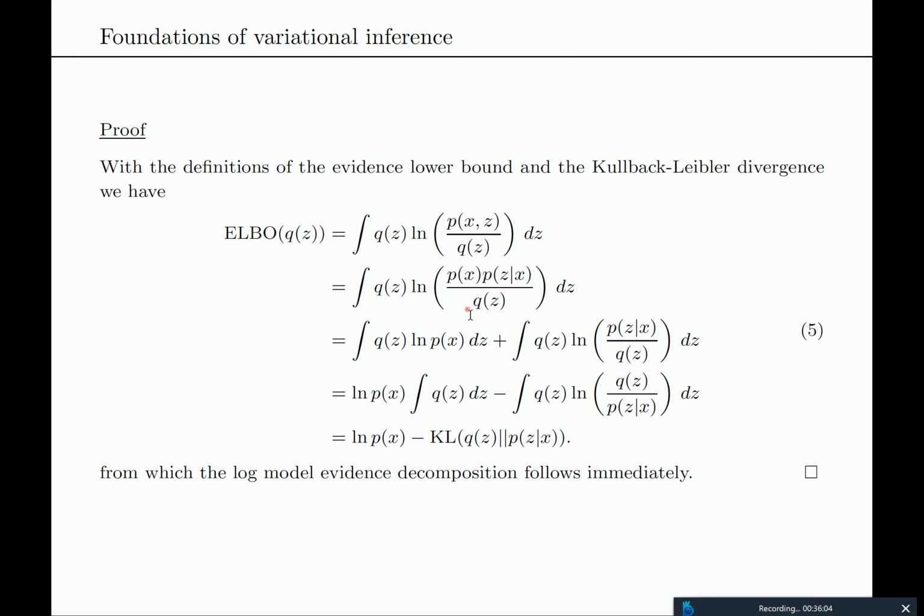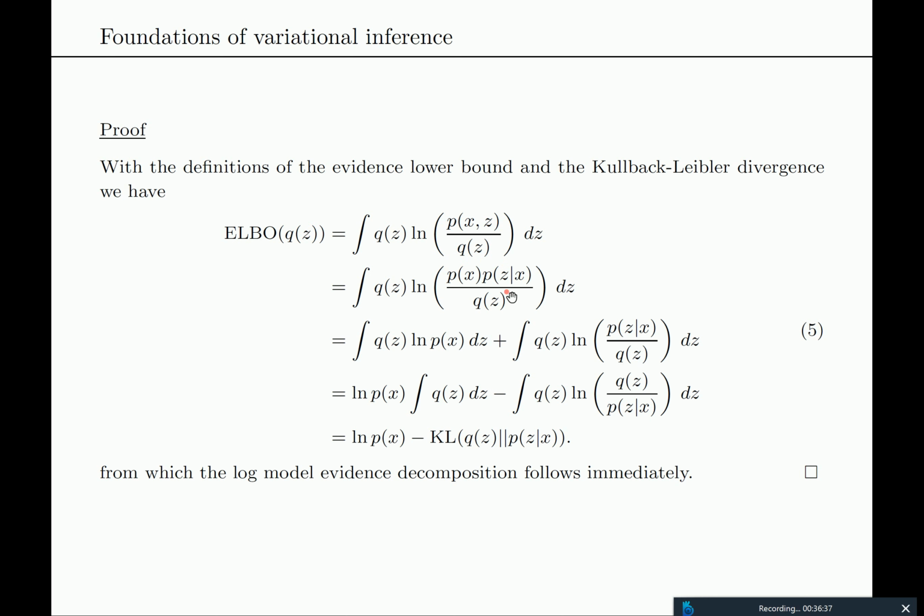So if you have a sum of logs, in this case the log of p(x) plus the log of p(z|x) divided by q(z), you can take the integrals apart. This happens all the time in variational inference, these basic foundations. So log turns products into sums, and sums of integrals can be split. That's the whole trick, essentially.